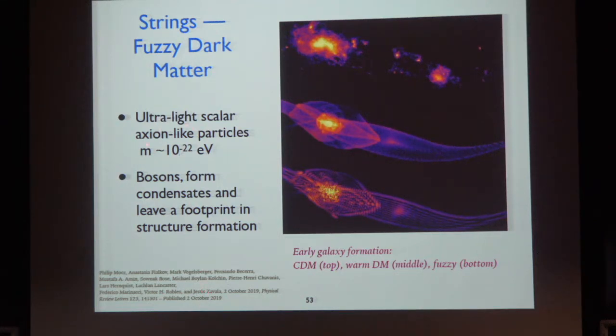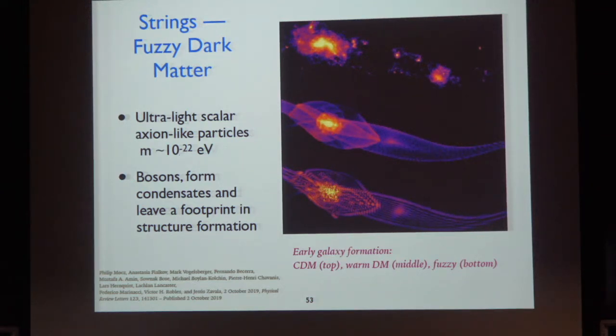So ultralight scalar axion-like particles are good dark matter candidates. And here, these are bosons, because they can form condensates, they make these caustics, and then they leave a footprint in the structure formation.